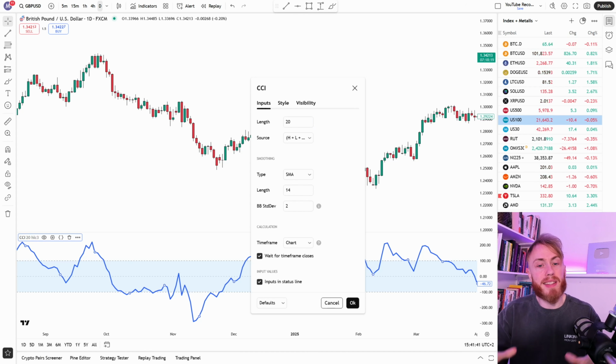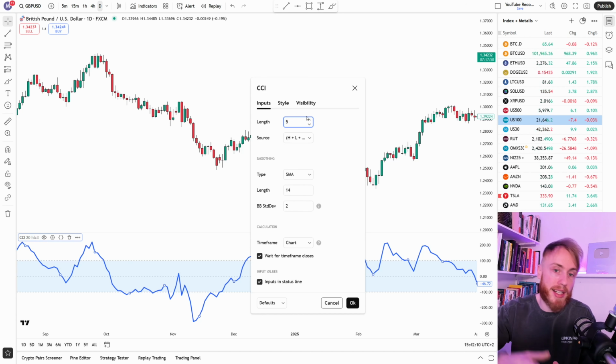But here, I would say that these settings are mostly used for medium-term time frames. If you are day trading or maybe even scalping, you might want to use a shorter length, meaning that the CCI will use fewer candles to do its calculations. So for scalping to day trading, you might want to change all the way down to 10. Some traders even go all the way down to 5.